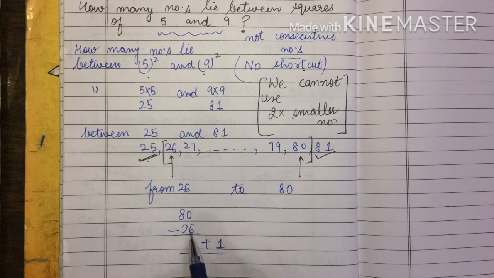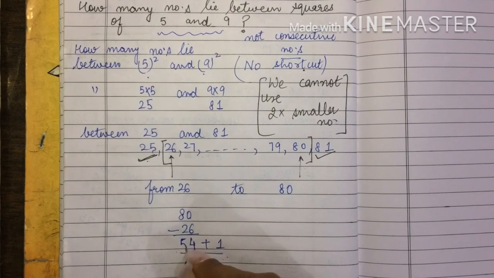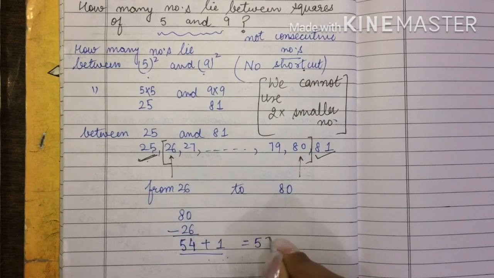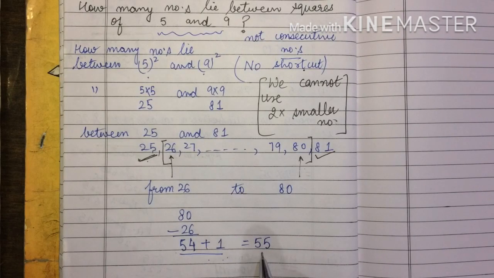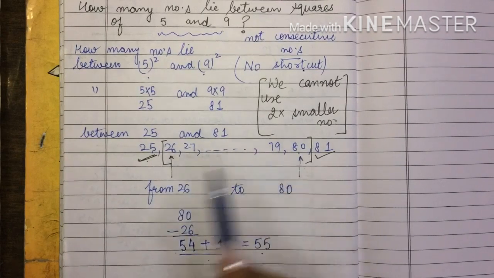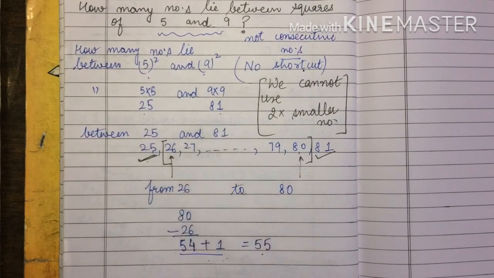Last number minus the first one plus 1. Subtracting, this comes out to be 54 plus 1 is 55. So there are 55 numbers from 26 to 80 between the squares of 5 and 9.